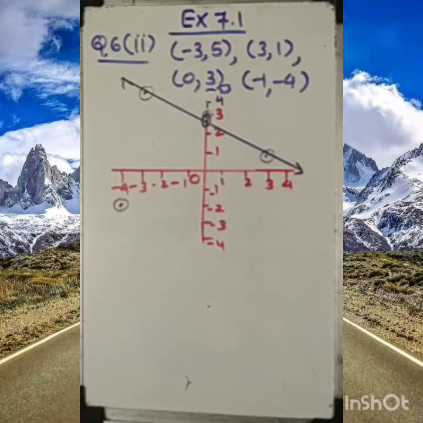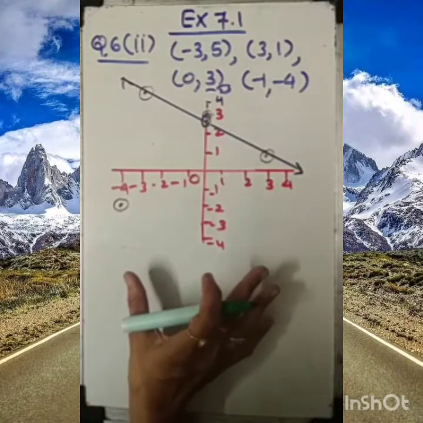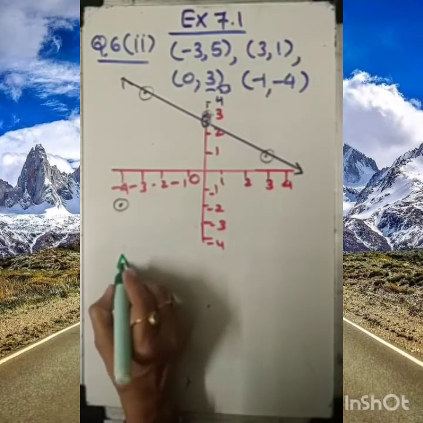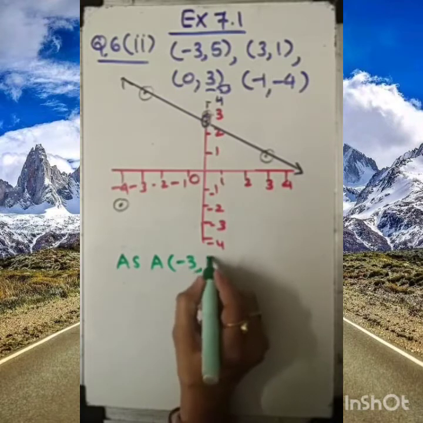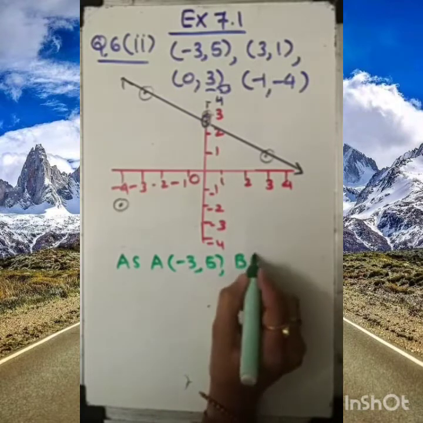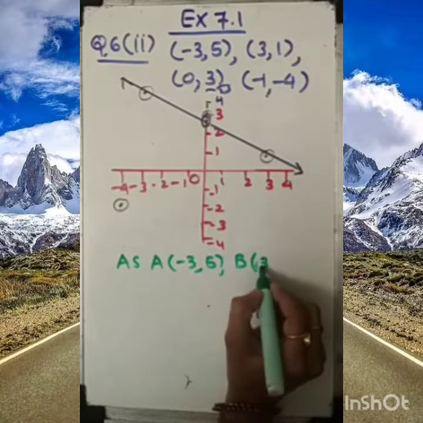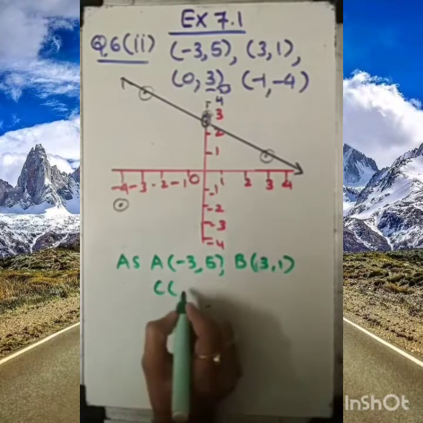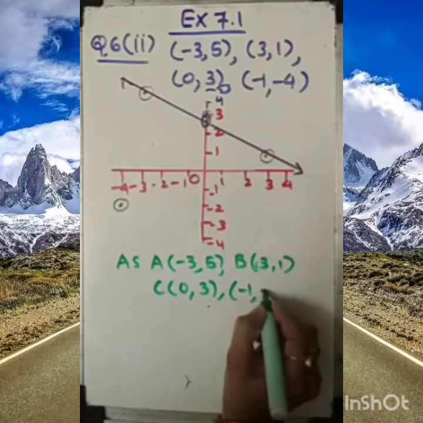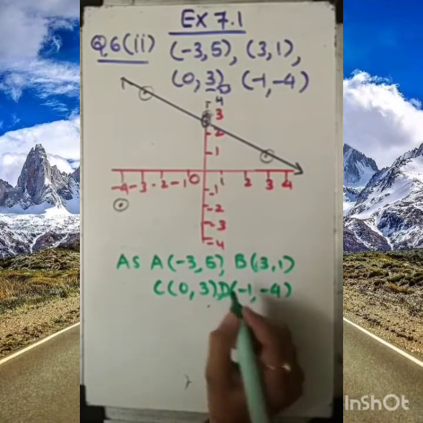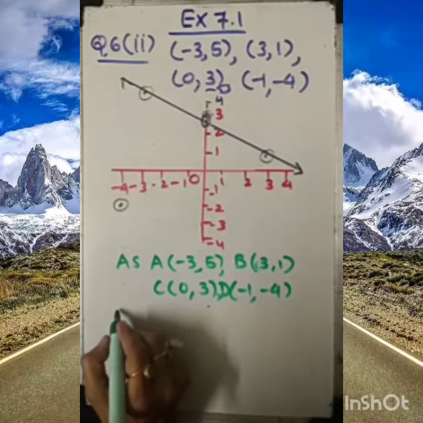So without solving the question, we say A point is minus 3, 5, B point 3, 1, C point 0, 3, and D point minus 1, minus 4. These are the points which we are given.